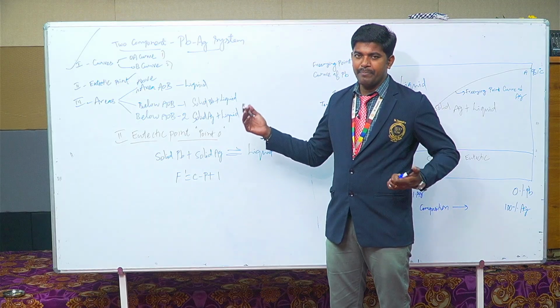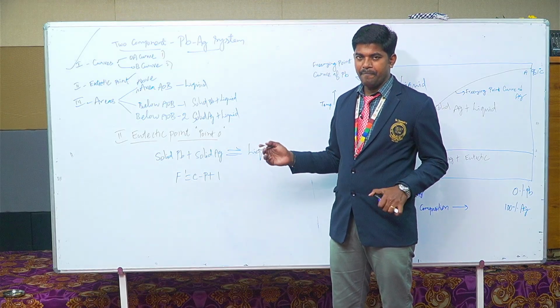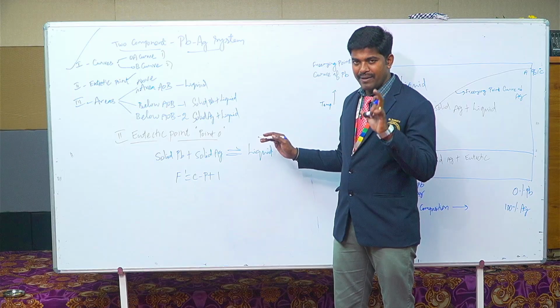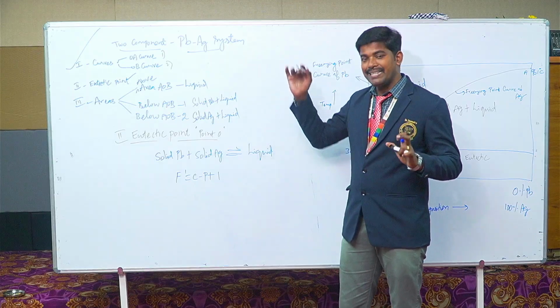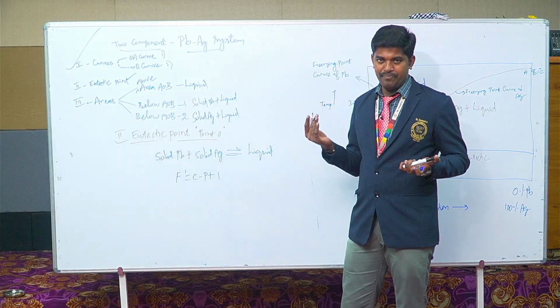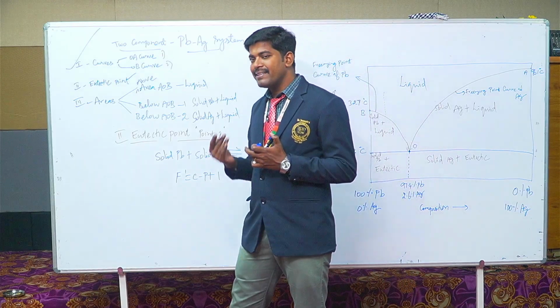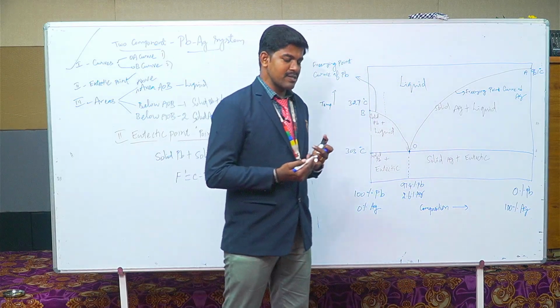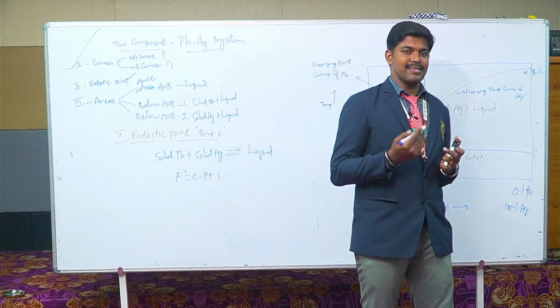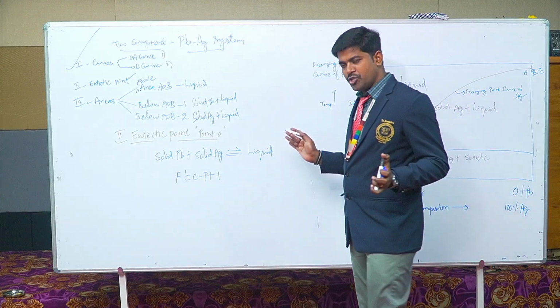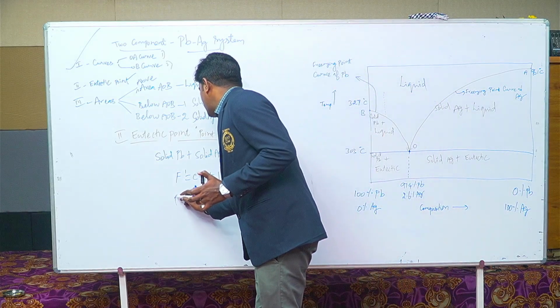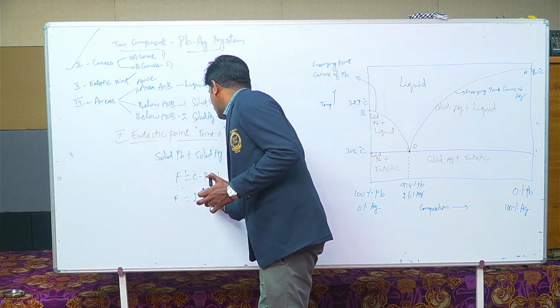Since we are taking only two components, the title itself is the lead silver system, so wherever the liquid comes, the liquid possesses both lead and silver as the components. So, no doubt, the number of components is 2.